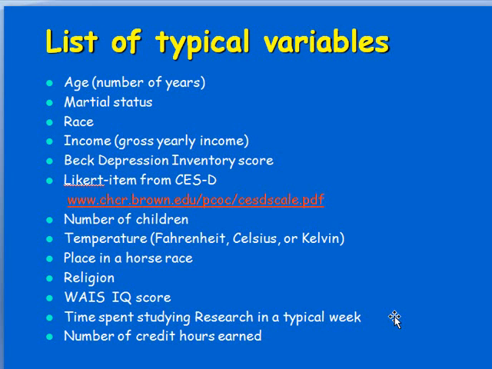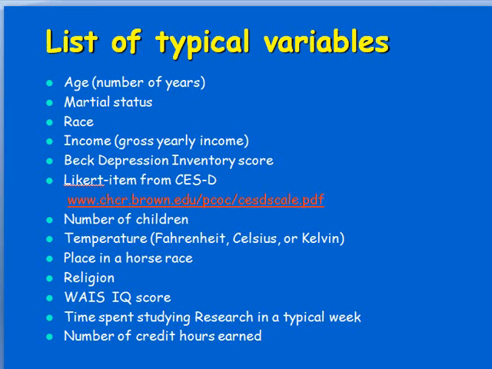You could spend 0 minutes, and one person could spend twice as many minutes as another person. Number of credit hours earned. That's ratio, for the same reason as the previous example. When you start out, you have 0, and it's really a count variable.